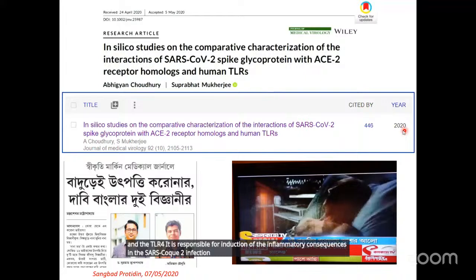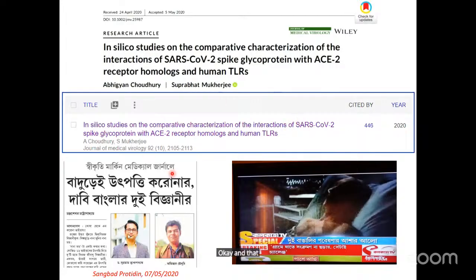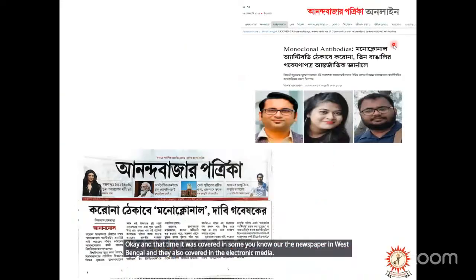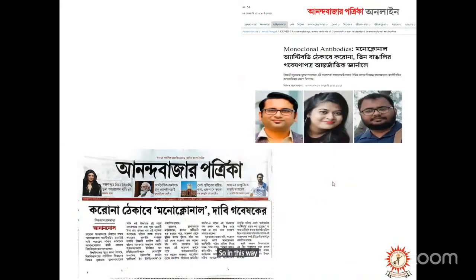This article was published in 2020, and to date it has more than 515 citations. At that time it was covered in some newspaper in West Bengal, and also covered in the electronic media. In this way you can promote your work.